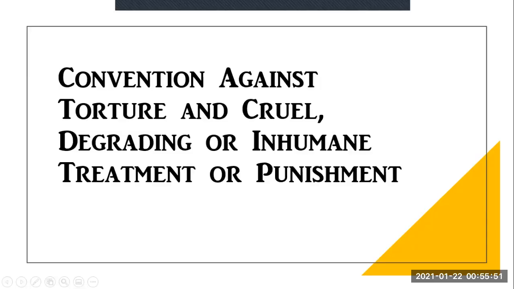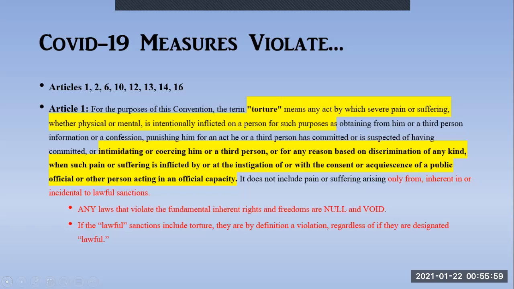All right, so let's look at the Convention Against Torture and Cruel and Degrading or Inhumane Treatment or Punishment. The COVID-19 measures violate Articles 1, 2, 6, 10, 12, 13, 14, and 16.